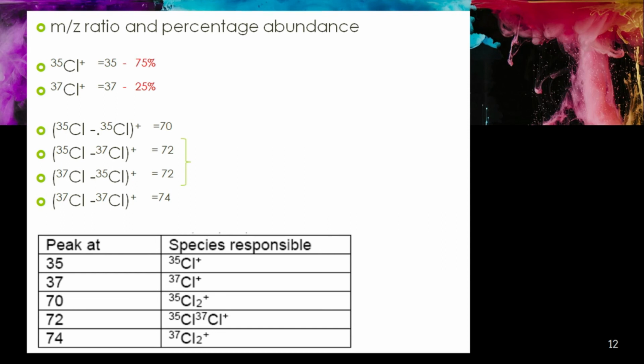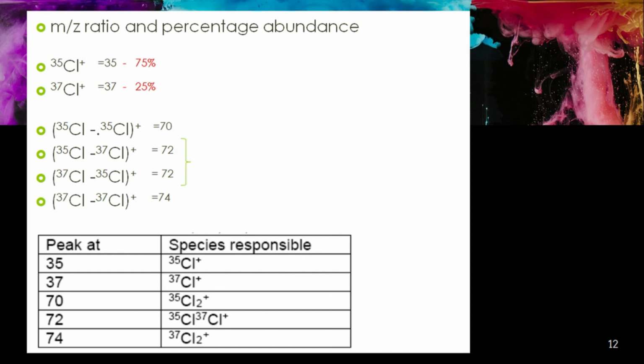So basically, when we draw the mass spectrum, we will have 5 signals at different mass to charge ratios, which is shown in the table. So we have the structure of our mass spectrum, where it should contain 5 signals with their specific mass to charge ratios.